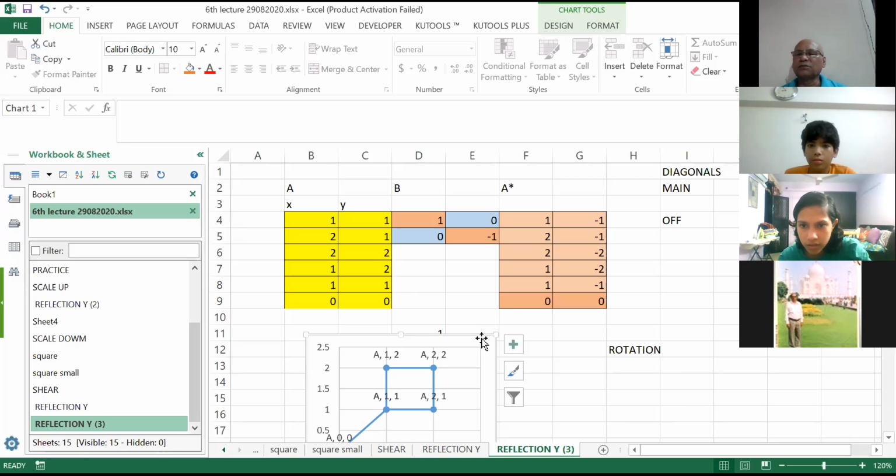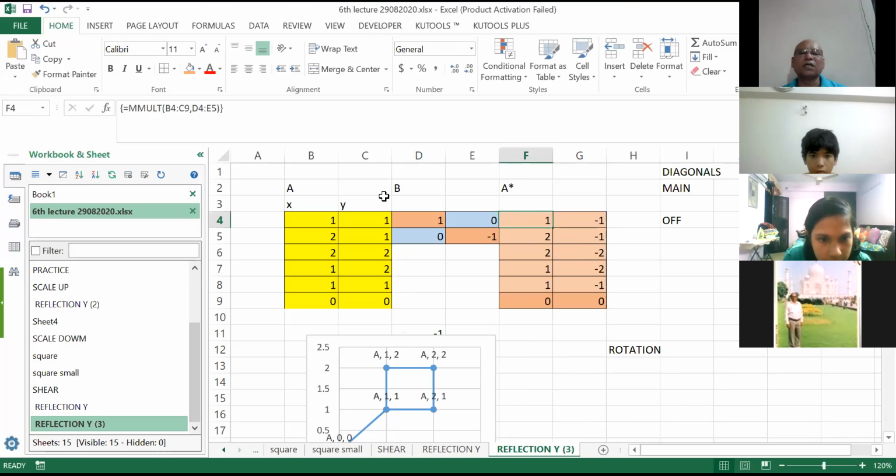I'm facing a problem. When I added the 0 0 origin, my multiplied matrix, the 0 0 didn't appear. You have to add that also. It will not take it automatically.